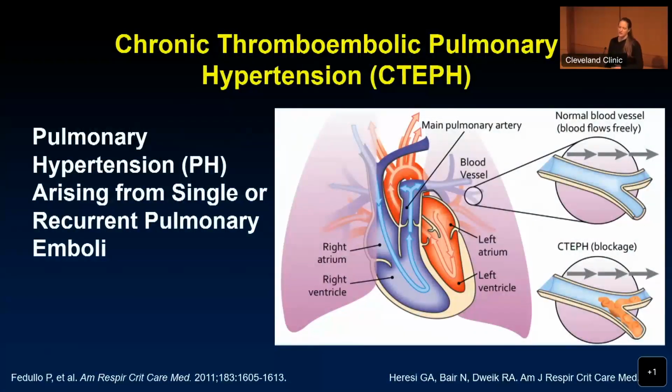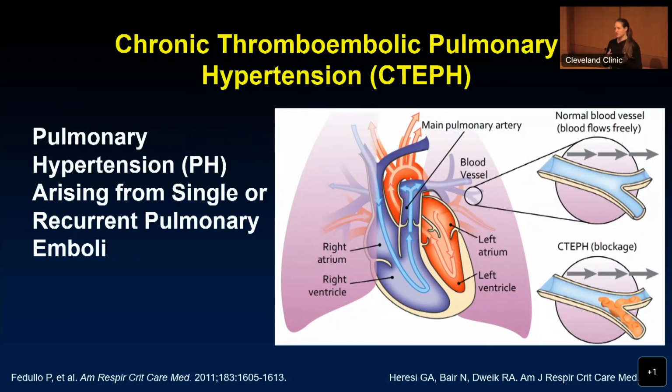So fundamentally, CTEPH is pulmonary hypertension that occurs as a result of single or recurrent pulmonary emboli. As a result of this non-resolving thrombus, patients ultimately can develop elevations in pulmonary vascular resistance, and if the disease goes on for long enough, microvascular changes to the smaller blood vessels in the lungs.